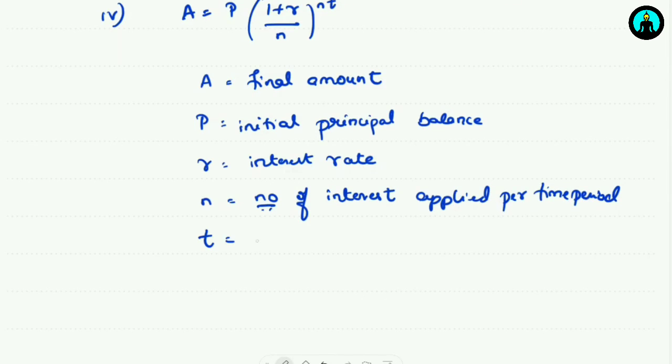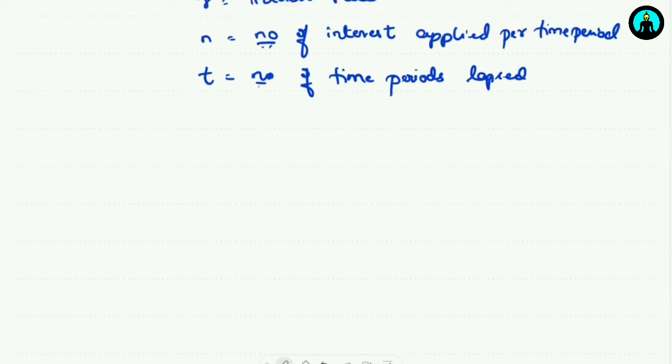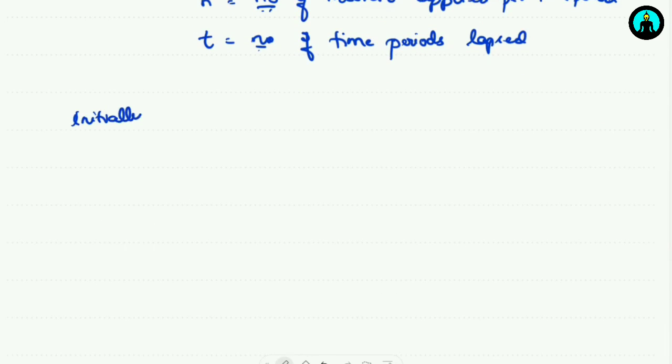And T is the number of time periods elapsed. So initially we'll take P, that is the principal amount, as rupees 10,000. So that will be the first term A.